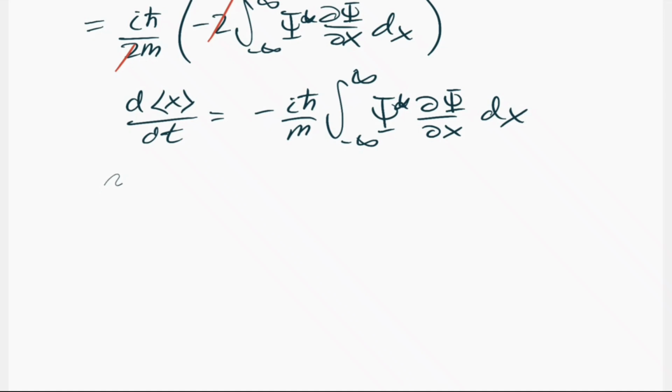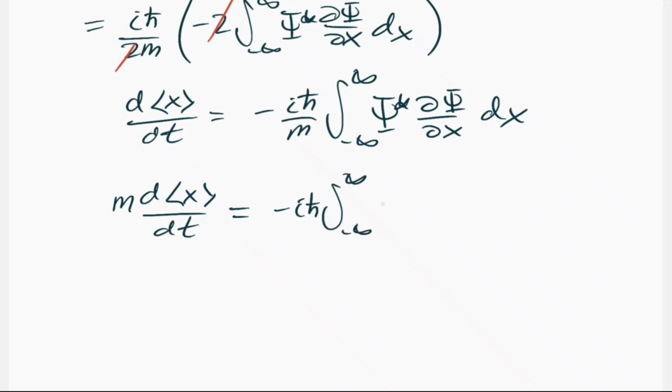Obviously the m will go away, since it's in the denominator right there, so we can say m dx/dt is equal to negative i h bar times the integral from negative infinity to infinity of psi star d psi dx, dx.